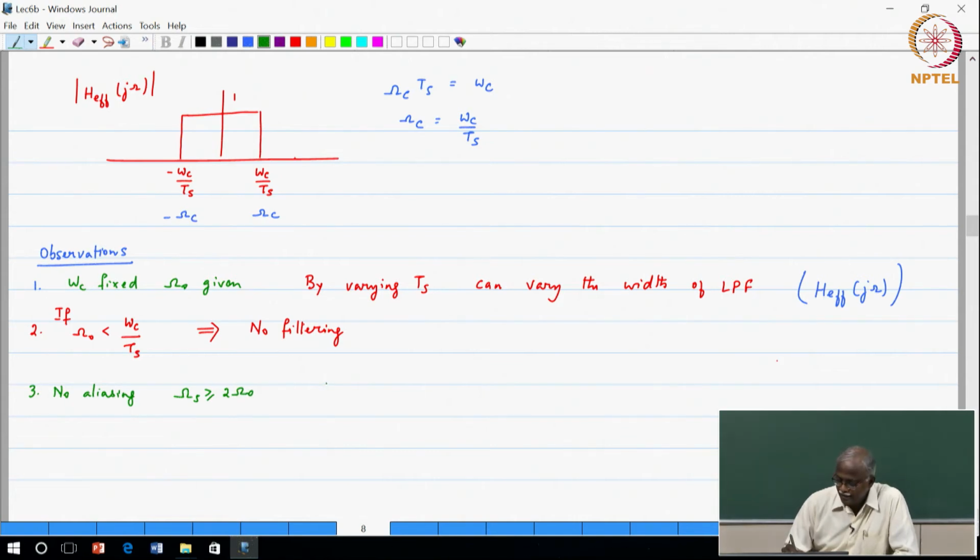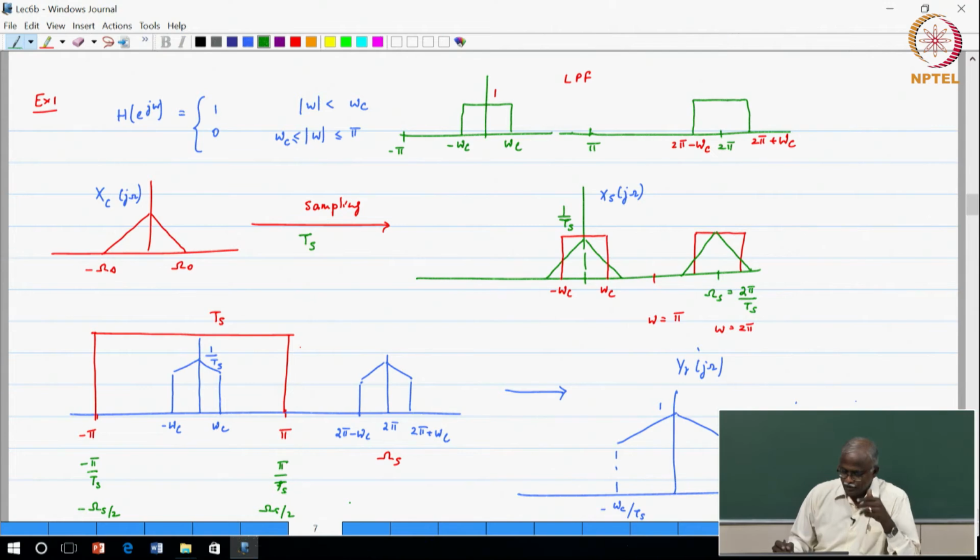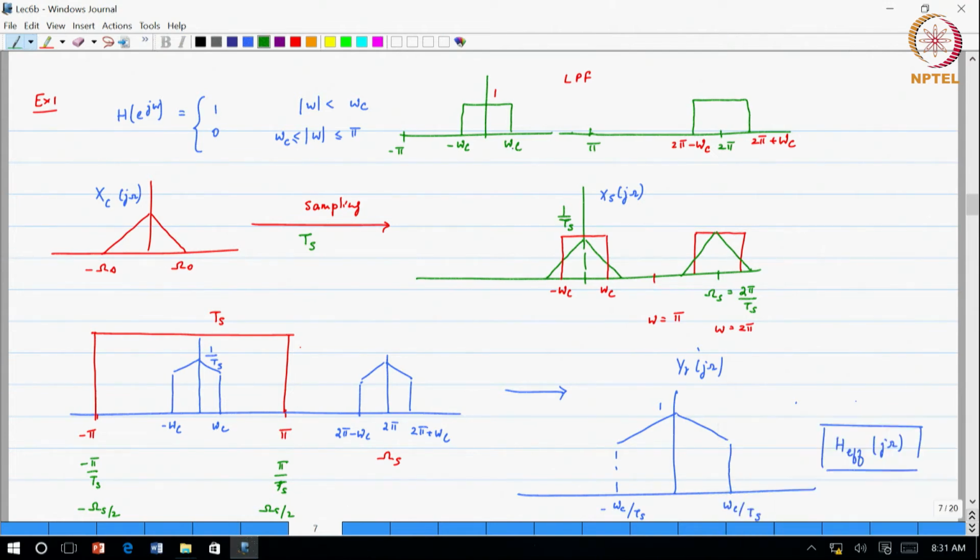From that I will get my sampling frequency. So, Ts is equal to 2 pi by omega s. This is very clear, but I want you to think about what this means in the discrete time. So, my discrete time filter is from minus omega c to omega c.